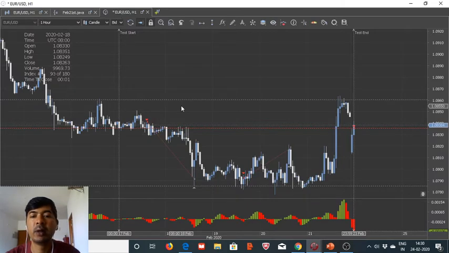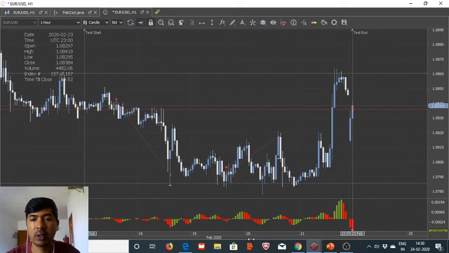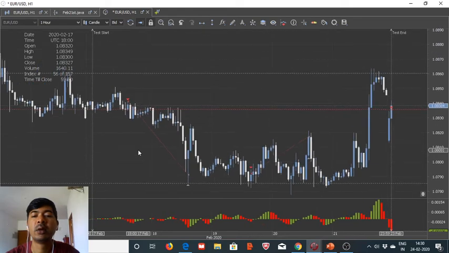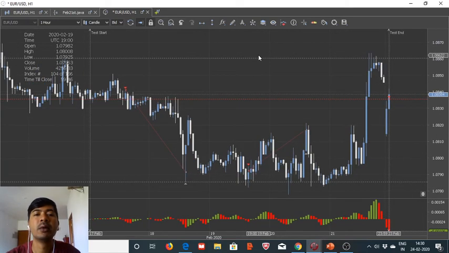We will simply stick with this chart, and we will enlarge it a bit so that it's easier for us to make sense of the charting.